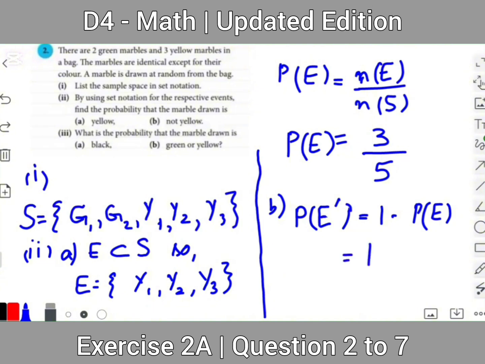P of E was 3/5. And here we have P of E prime, P of E complement, equals 1 minus 3/5, and this gives us 2/5.